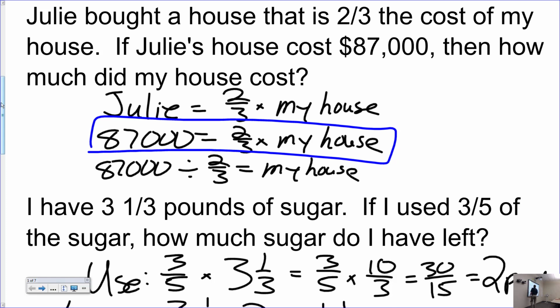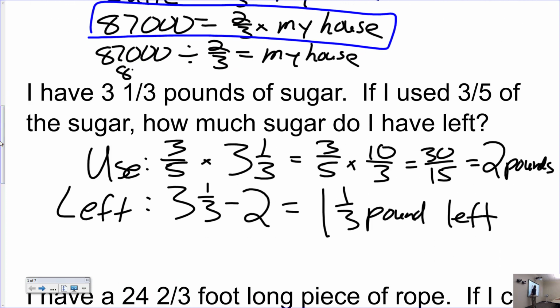Well, what is 87,000 divided by 2/3? That's the same as 87,000 times 3/2. What's 87,000 times 1.5? Somebody crank that out really fast. 130,500.